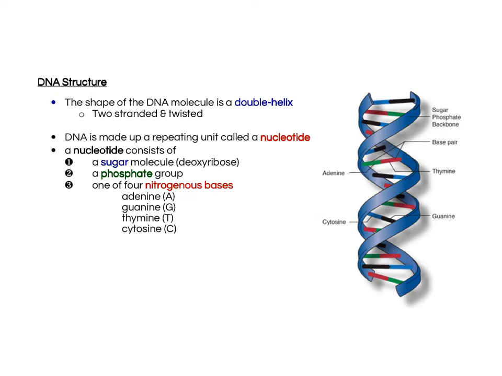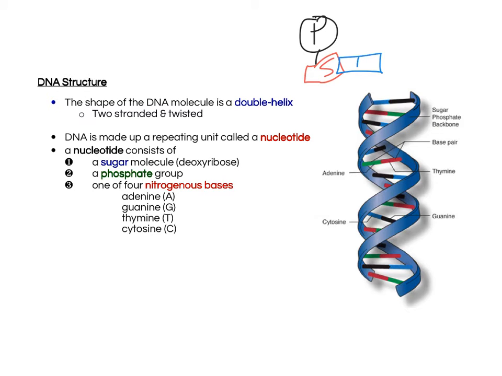So DNA is made up of repeating units called nucleotides. So a nucleotide would be, if I were to just talk about a single phosphate attached to a single sugar attached to a single nitrogenous base.